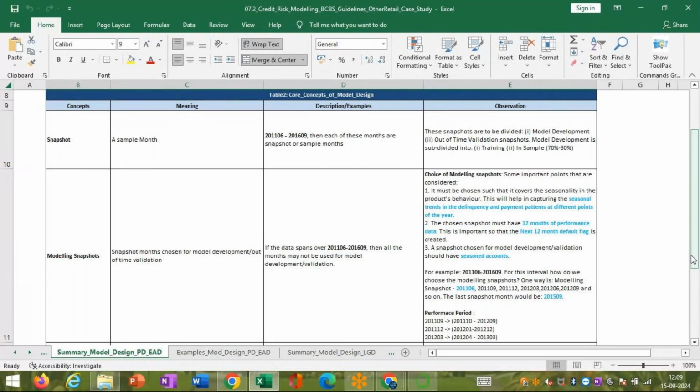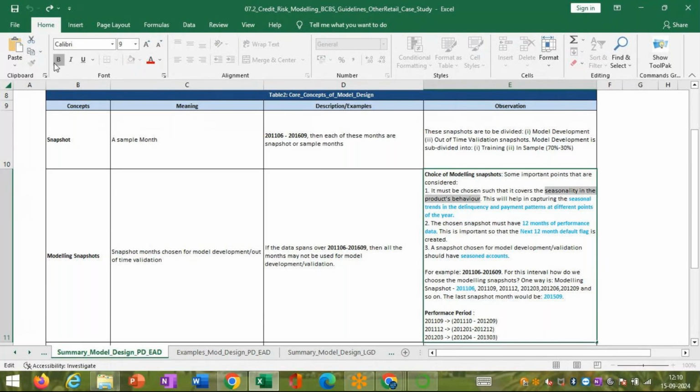We had identified three broad requirements. One is that it must be chosen so that it covers the seasonality in the product's behavior. There are 12 months of performance, and the snapshot should only be chosen for the seasoned accounts, accounts which have seasoned.